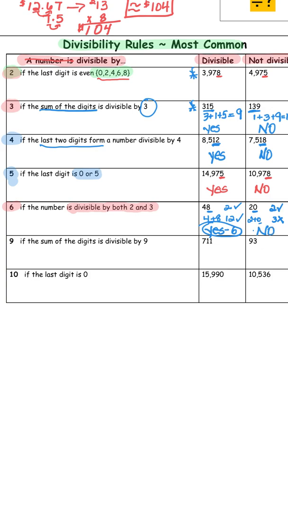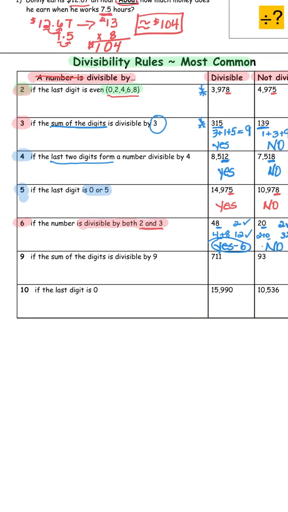Remember, in order for a number to be divisible by 6, it has to be divisible by both 2 and 3. Okay, one more time, it has to be divisible by both 2 and 3. Next one, for number 9, a number is divisible by 9 if the sum of the digits is divisible by 9.